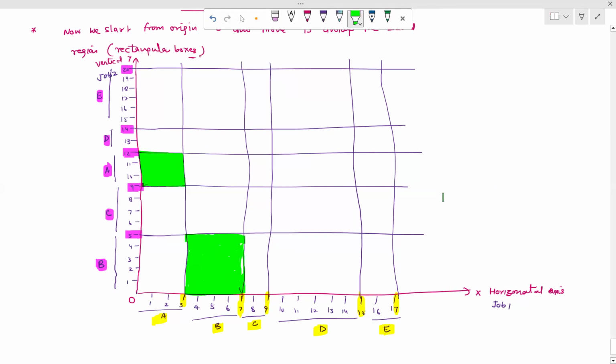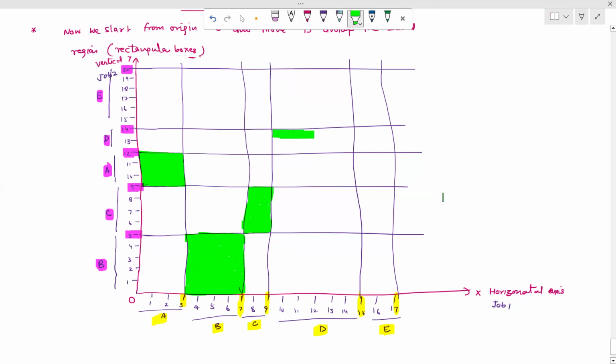After shading this, we move to the next, C. This is C horizontally and C this side. So we also shade this rectangular block. Next we have D. Where is D? D is this.